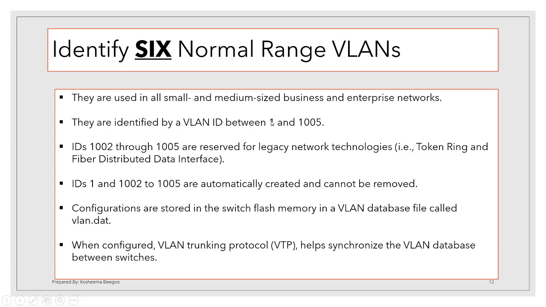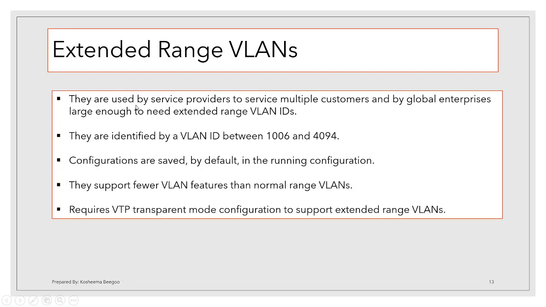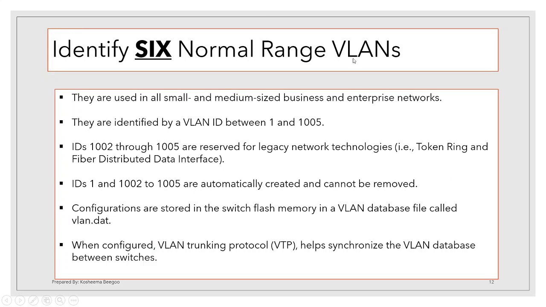That is to say, any VLAN ID from 1 to 1005. IDs 1002 through 1005, I just showed you before. They are reserved for legacy network technologies. IDs 1 and 1002 to 1005 are automatically created and we cannot delete or remove them.